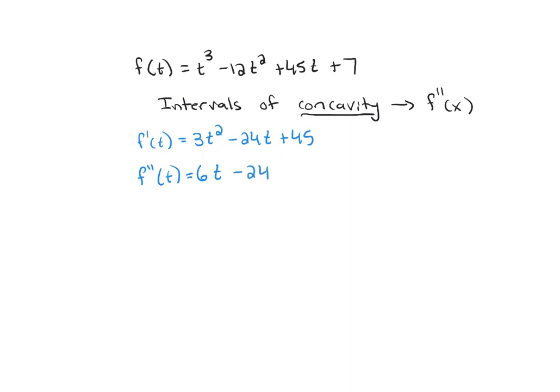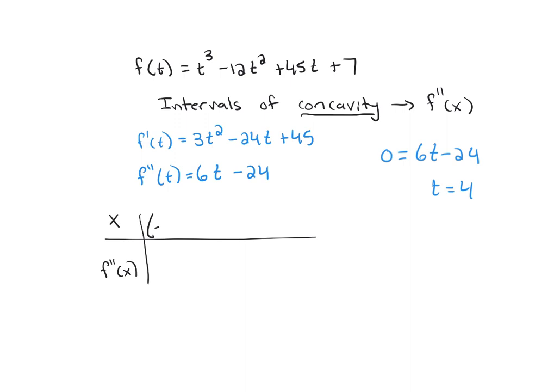And we want to set this equal to 0. So add 24, divide by 6, we'll have this critical point at 4. Okay, so for the sign chart, the intervals are negative infinity to 4, 4, and 4 to infinity.